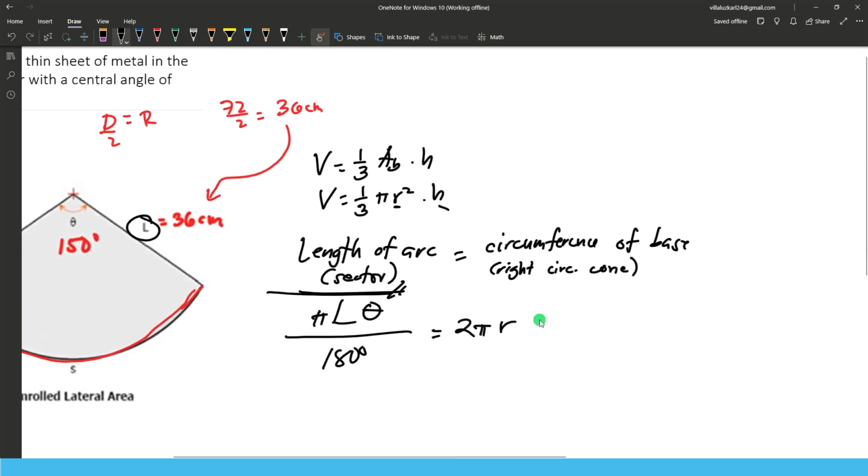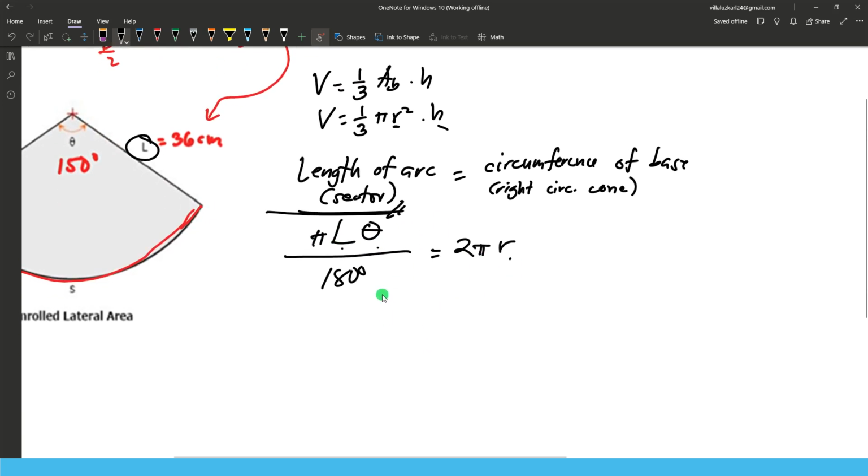So L is given, r is unknown, and theta is also given. We can determine r. Let's compute: pi times 36 times theta, 150 degrees divided by 180 degrees, is equal to 2 pi r.